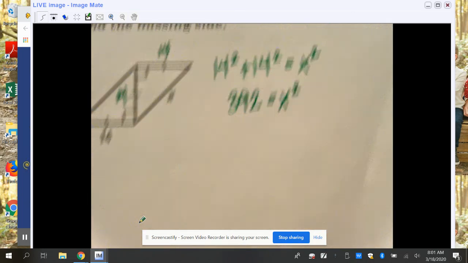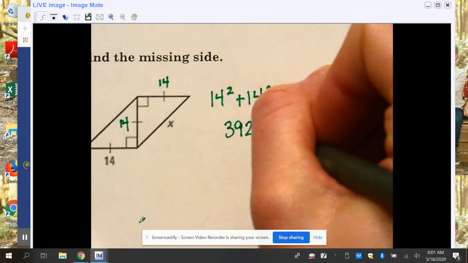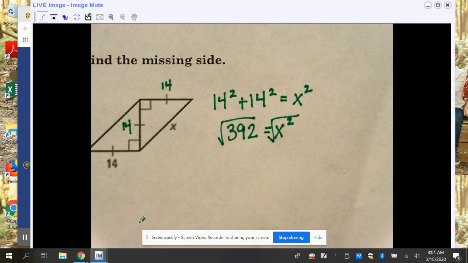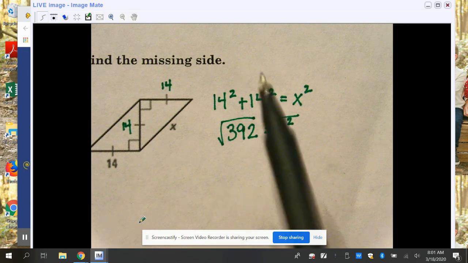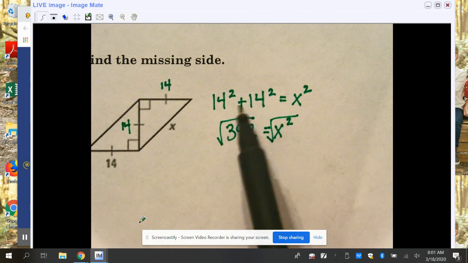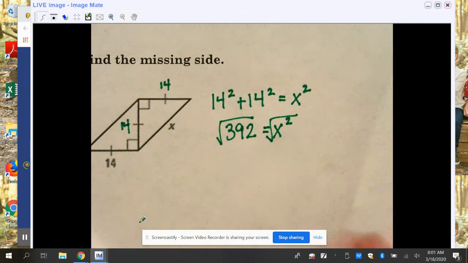Okay, and so now to solve, I have to take the square root of each side, and I need to make sure I simplify that. Well, since we've got two 14 squareds here, that means that 14 squared is going to have to be a factor of this.